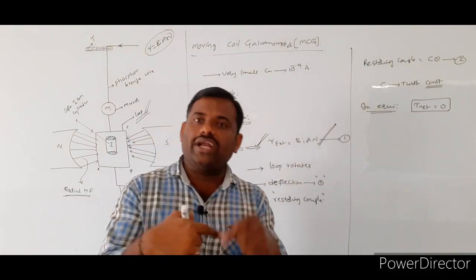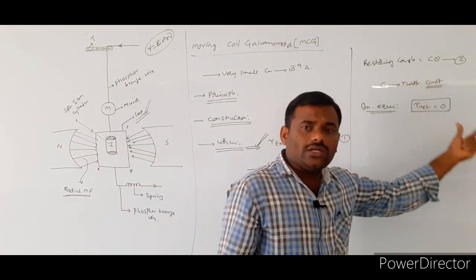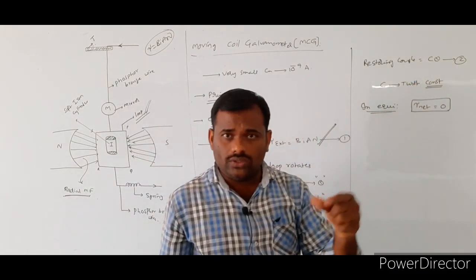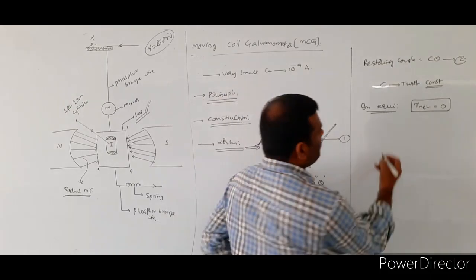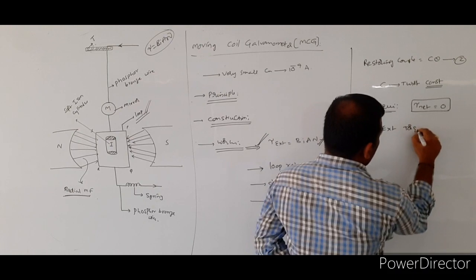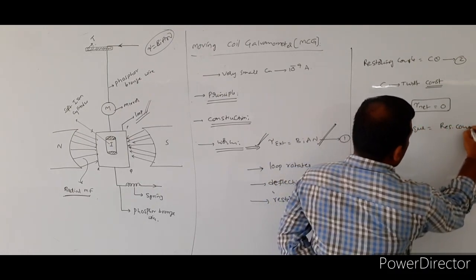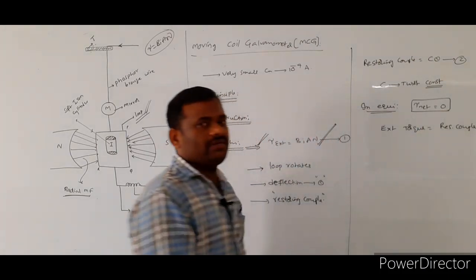Rotatory motion. So in rotational equilibrium, we already know that the net torque acting on the system is equal to 0. Net torque equal to 0 means the external torque is equal to the restoring couple.